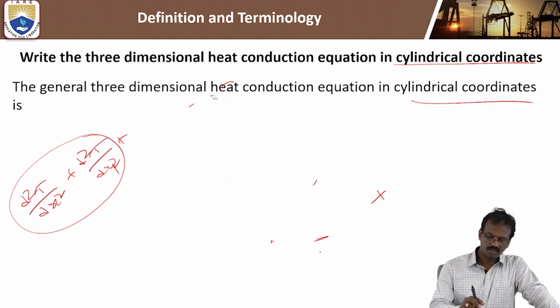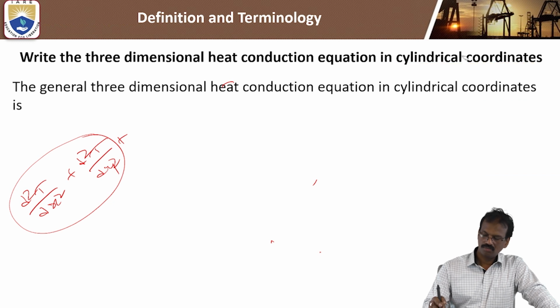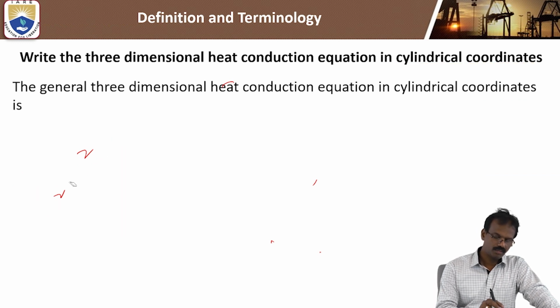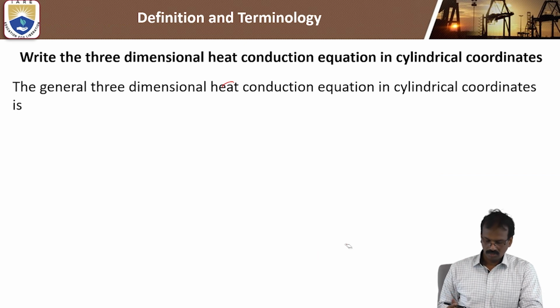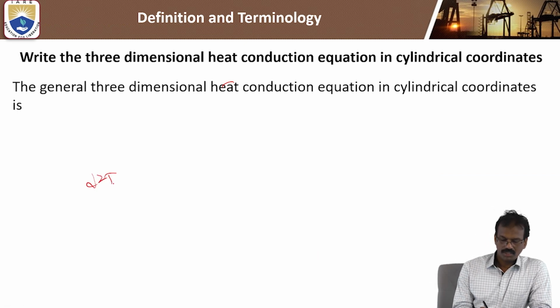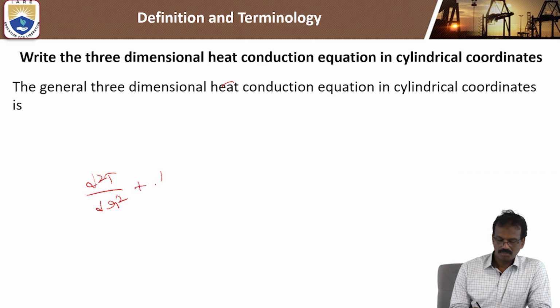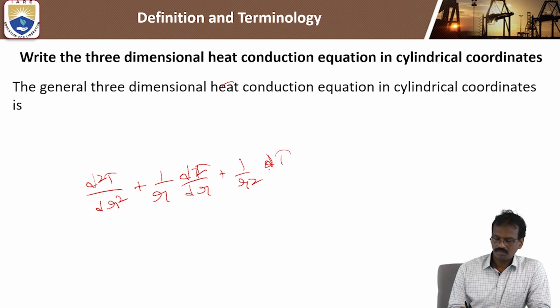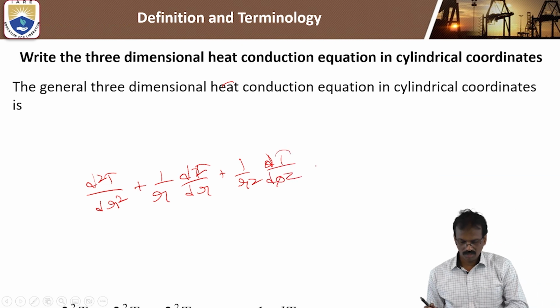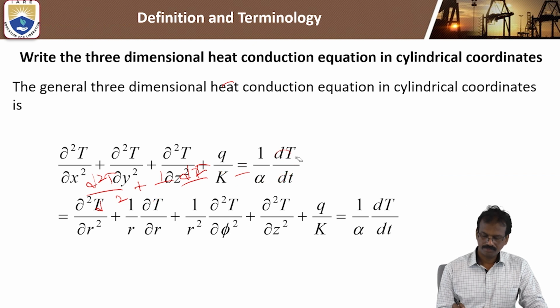In the place of x, we see this one. It means d square T by dr square plus 1 by r into dT by dr, plus 1 by r square into d square T by d phi square. Here we can observe the formula.